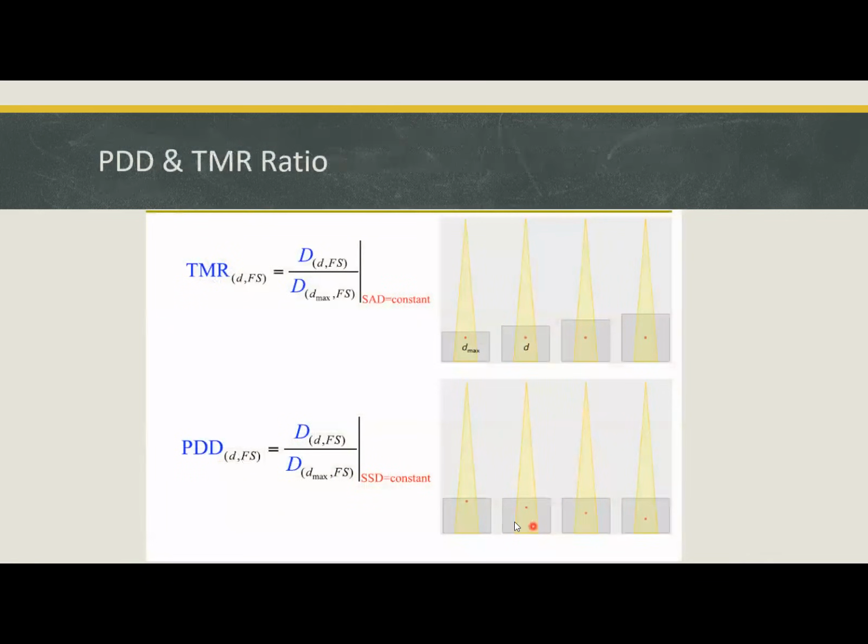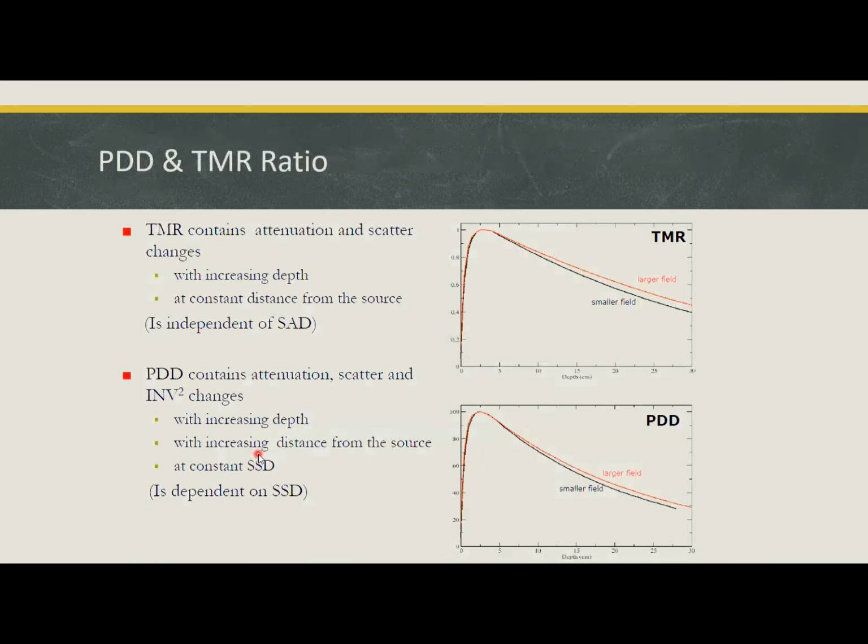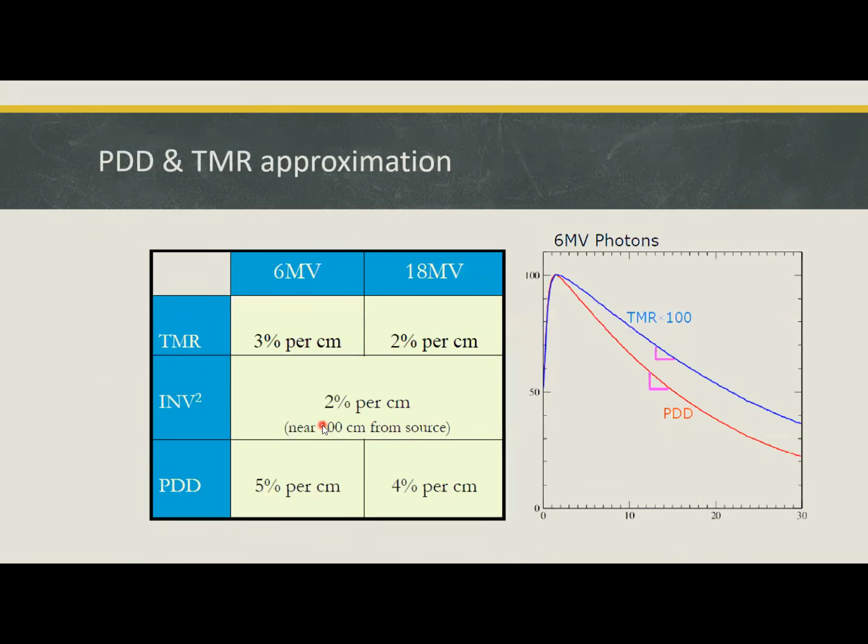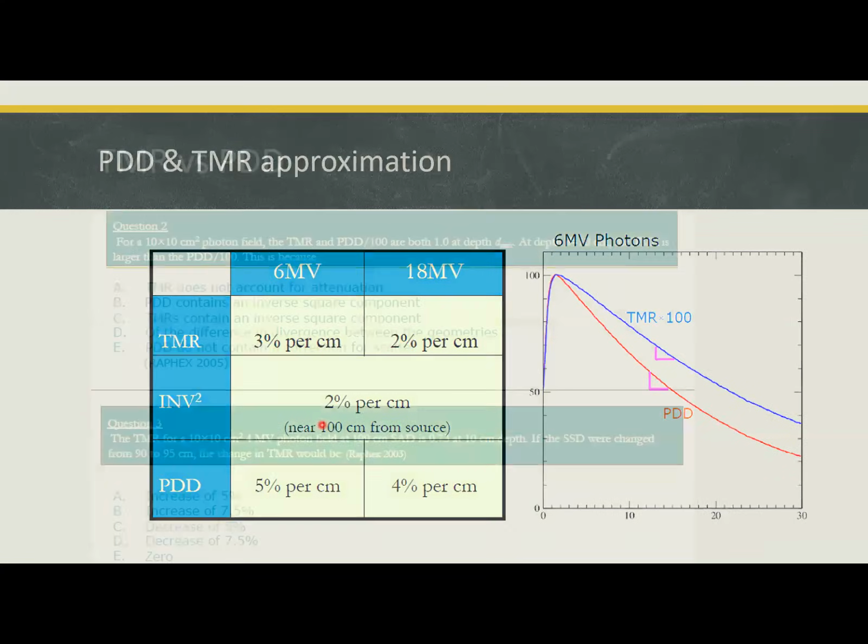The dose at depth and the dose at Dmax, this is what the PDD is. So the TMR contains attenuation and scatter changes with increasing depth at constant distance from the source, so it is independent of SSD. PDD contains attenuation, scatter and inverse square law changes, so it's dependent on SSD. And this is the variation between these two data.